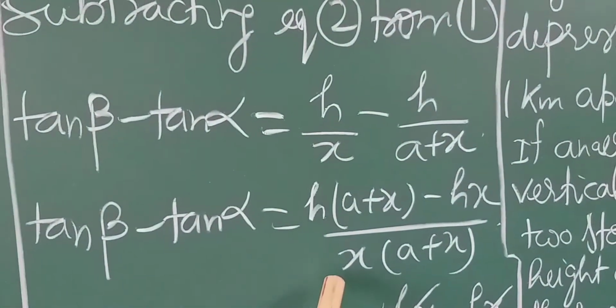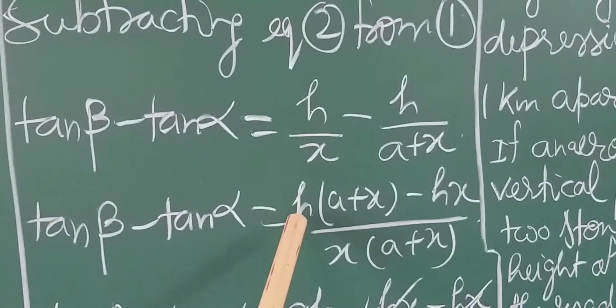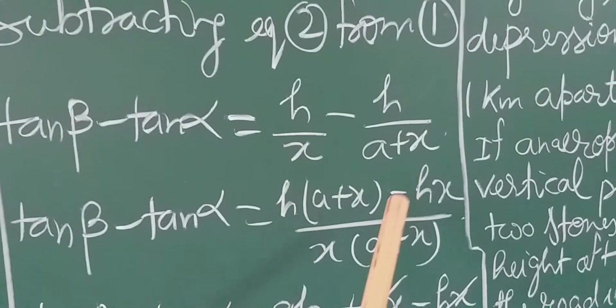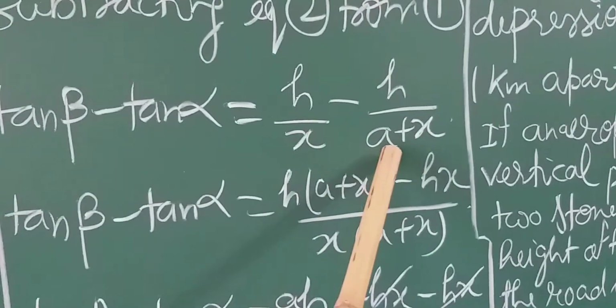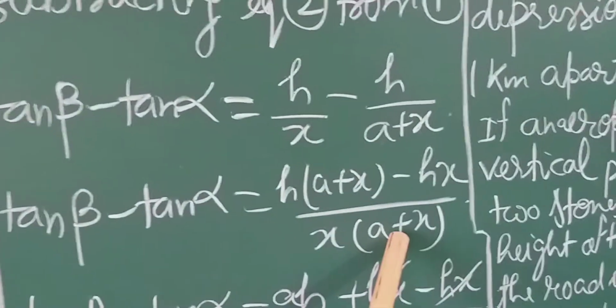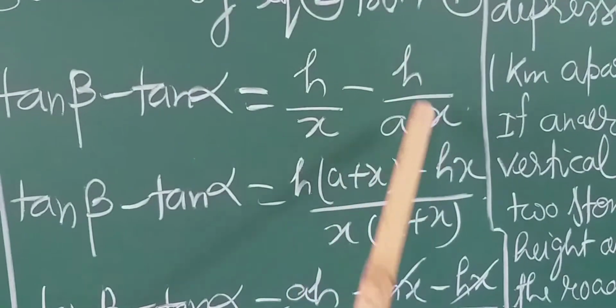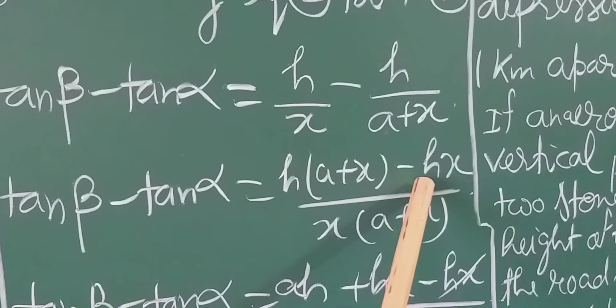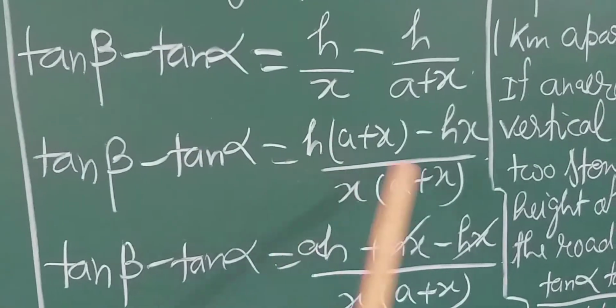x cancels, students. a plus x multiplied by h, we can write here h bracket a plus x. Now divide by the denominator, the denominator is x into a plus x. Now let us open the bracket.